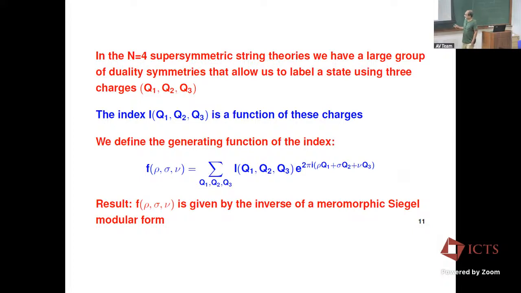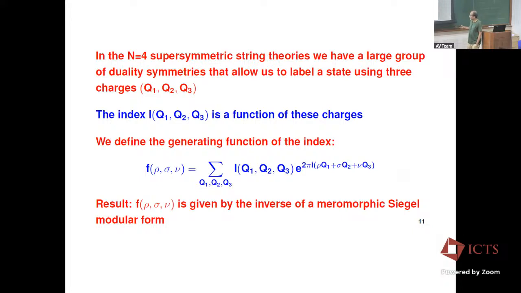Another thing I didn't say earlier, but let me say it now, is that when you think of these as parameters that appear in solutions to differential equations, these are continuous parameters. But once you go into quantum theory, it turns out that these take value on a lattice, so they become discrete integers. And this now leads to defining a generating function for the index, which I have defined here. Rho, sigma, and nu I'll think of as 3 complex variables.